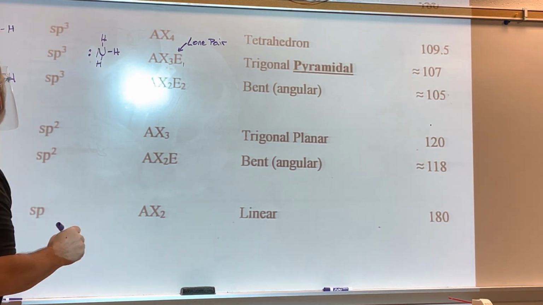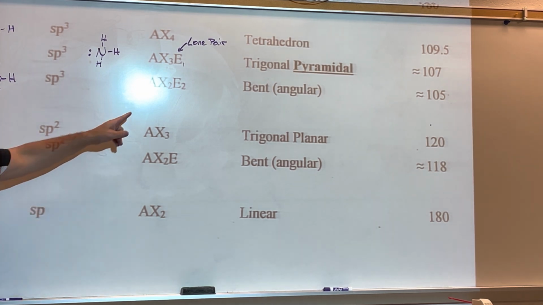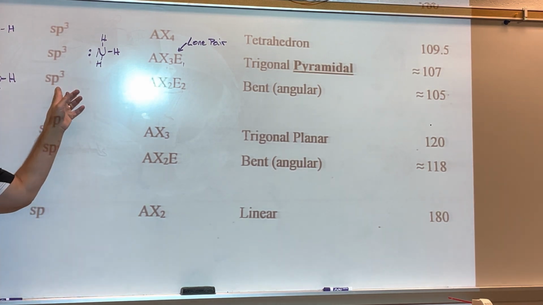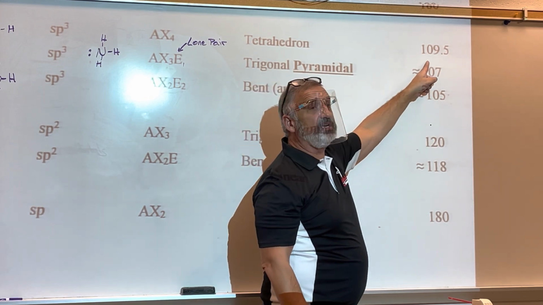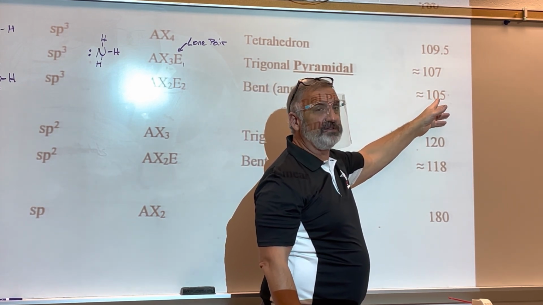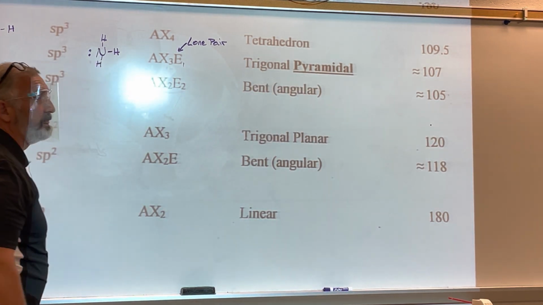We say that this is AX2E2. But 2 plus 2 still adds up to 4, so it's going to be sp3 hybridization. Notice the bond angles decrease by about 2 degrees every time. Now, you're not going to need to know exact angles because it's always going to be different, but it's going to be about 2 to 3 degrees per lone pair. Okay?